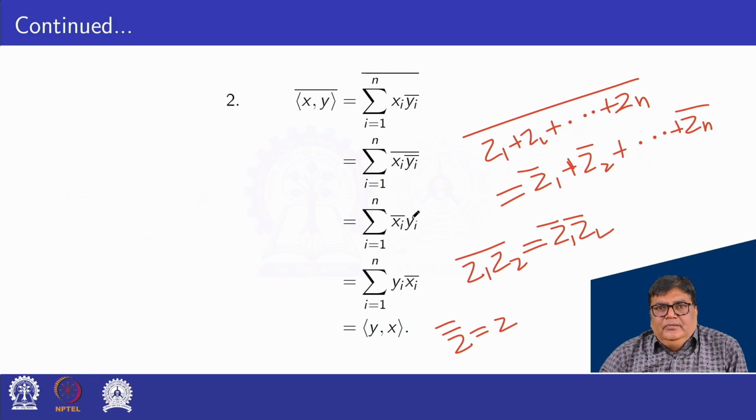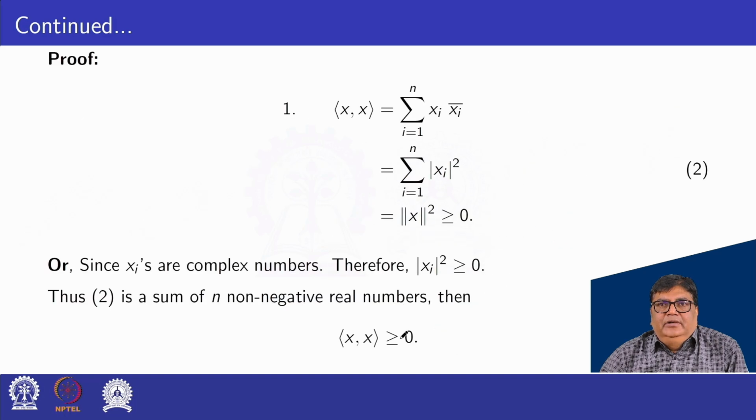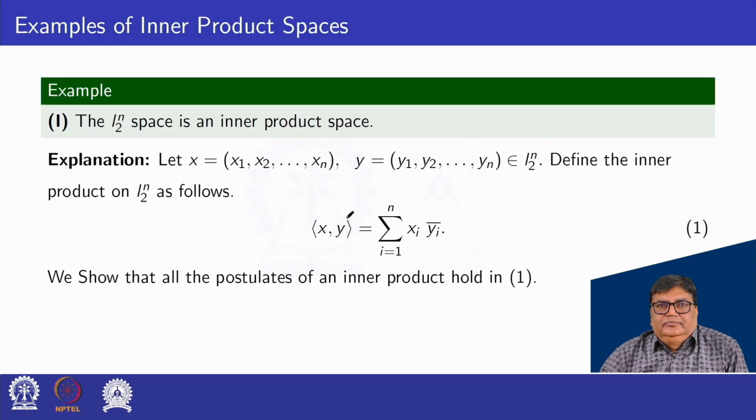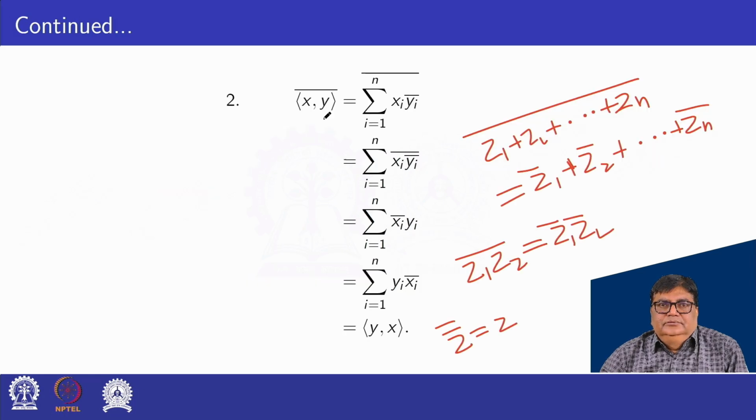These are both scalars, so we can interchange the position. So this can be written as yi xi bar, that is the inner product of y, x as per the statement. Hence, the second condition is also satisfied.